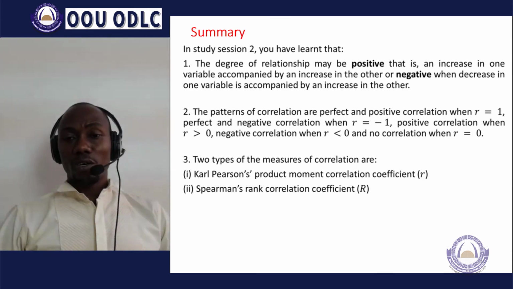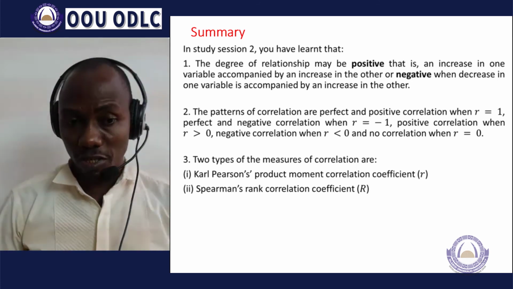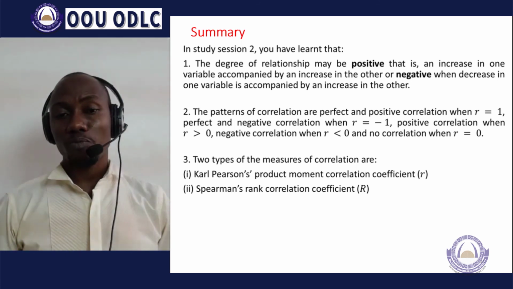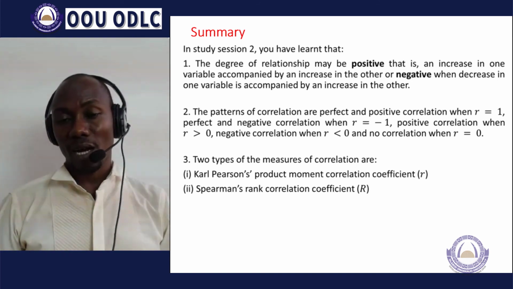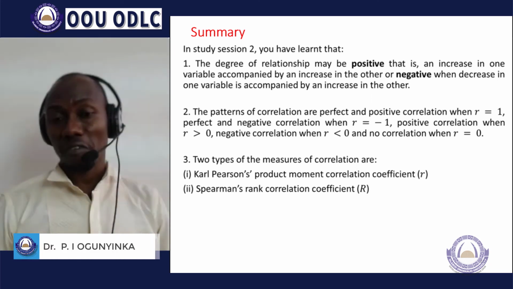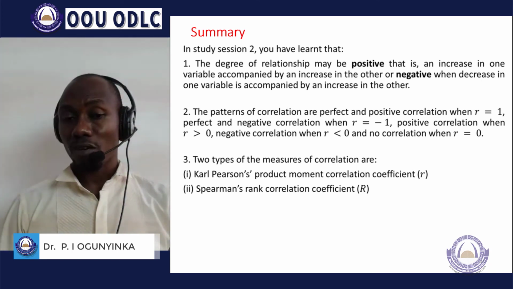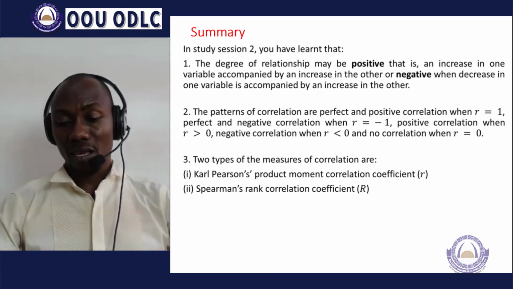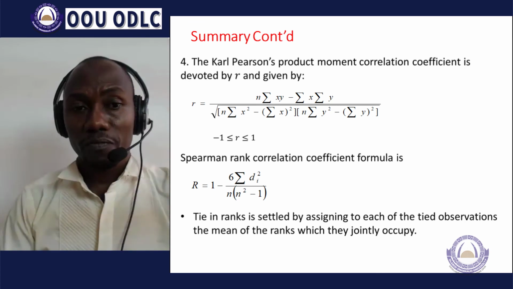We talked about two types of correlation coefficients for this session, which are Pearson's product moment correlation coefficient and Spearman's rank correlation coefficient. We also mentioned the conditions for the use of the two, which is the violation or satisfaction of the normality assumption by the dataset or distribution under consideration.